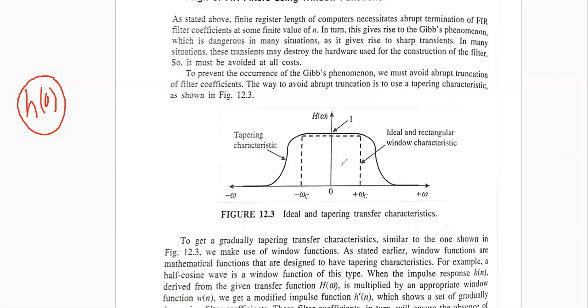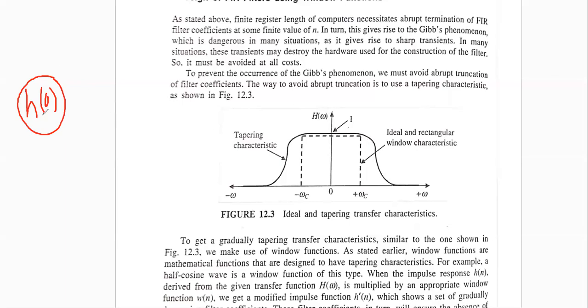The definition remains the same for the low pass. If this is a high pass, the definition of the filter, or the filter transfer function, remains the same in the frequency domain, but we will implement this tapering or windowing characteristic in the time domain.